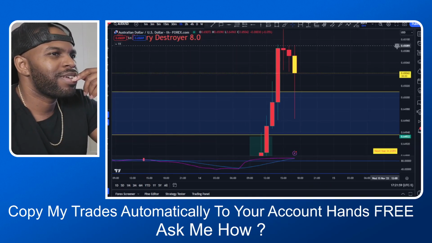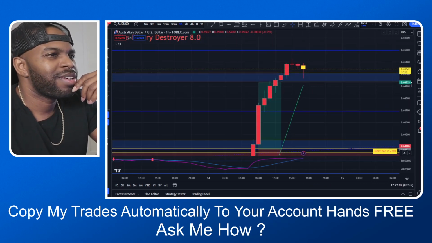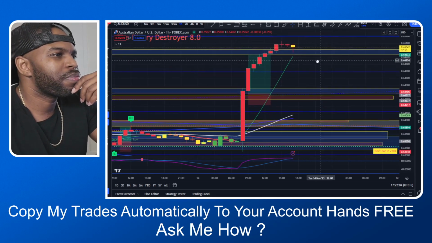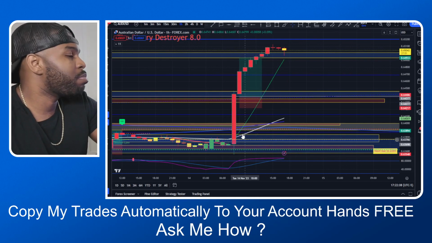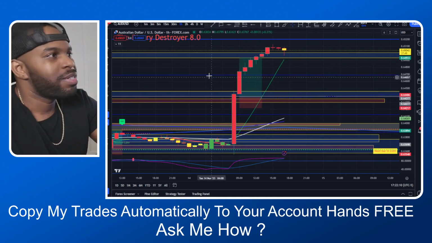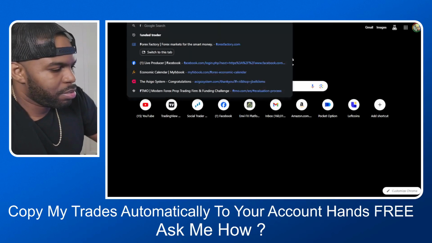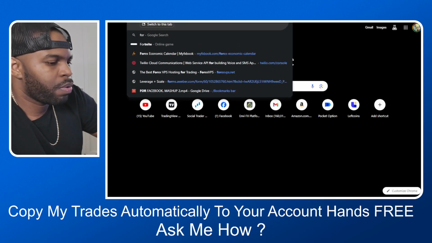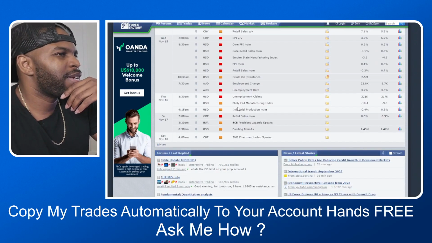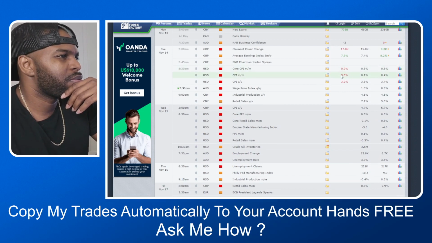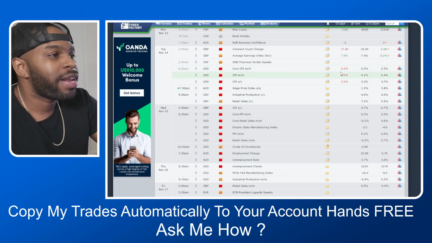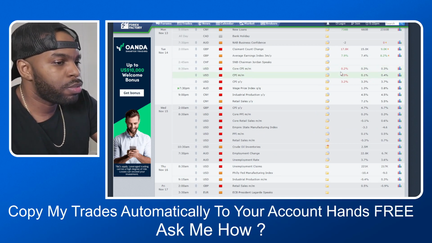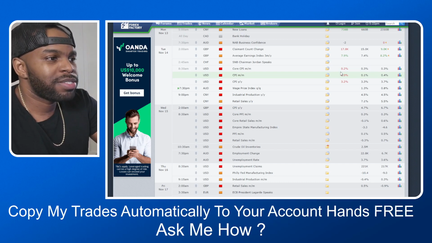Like that USD. You see what data can do for you? Like CPI. This is CPI right here. This is all CPI news. All right. The data came out. I'll show you guys something. The CPI data that came out today. Look at this. Came out lower. And I told you guys, if CPI comes out lower, that is good for gold, silver, and other pairs that are going against the dollar.